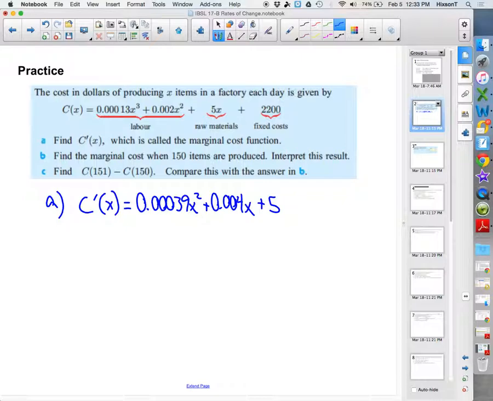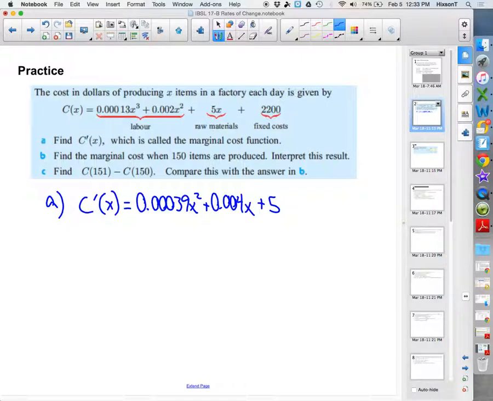There's our marginal cost function. Okay? The fact that we dismiss the constant makes so much sense at this point. Yeah, because this isn't going to change at all. That's a good observation.